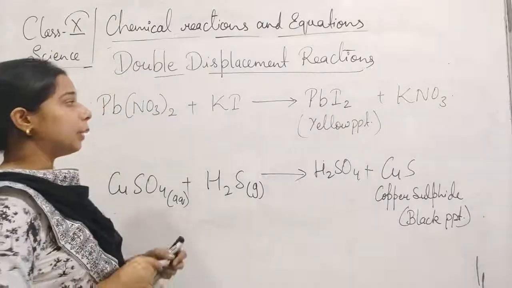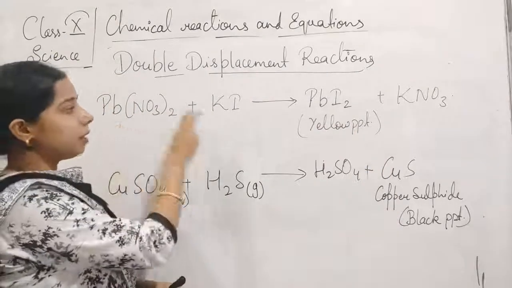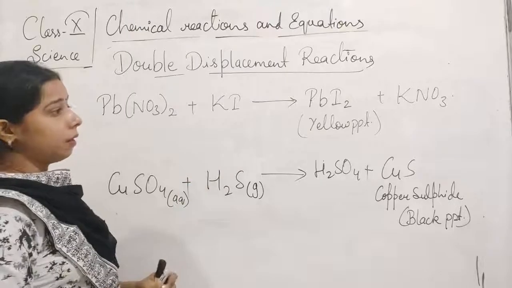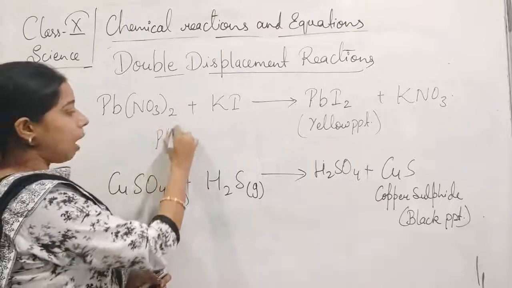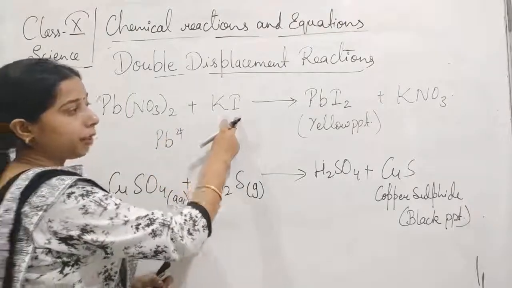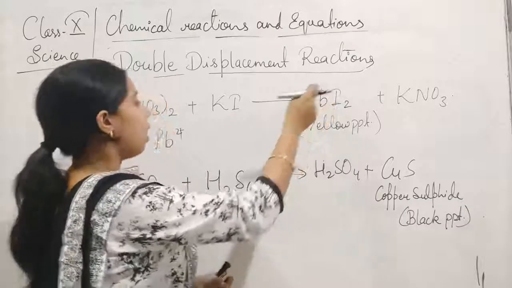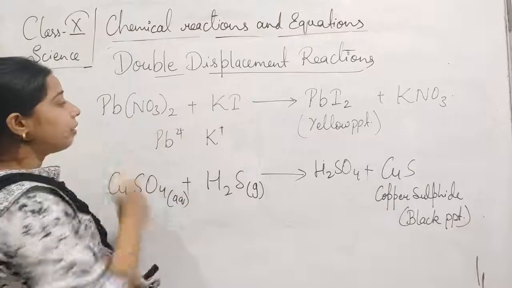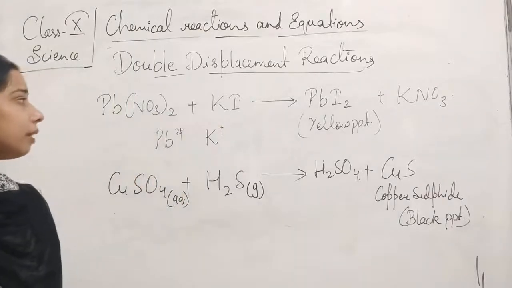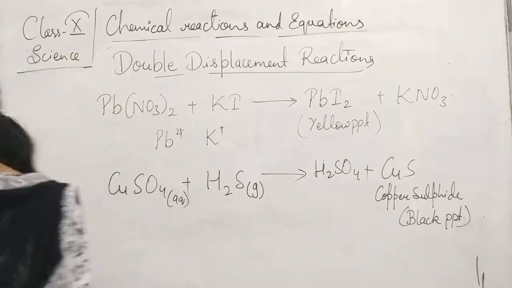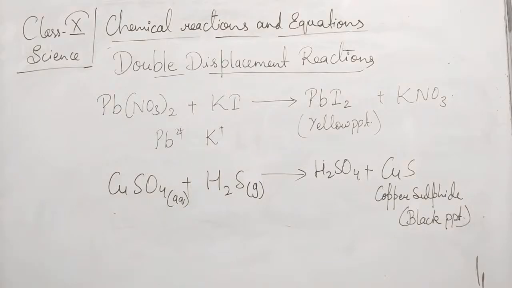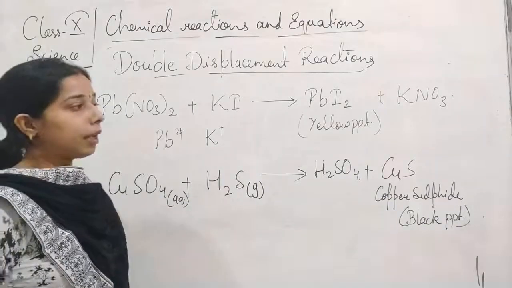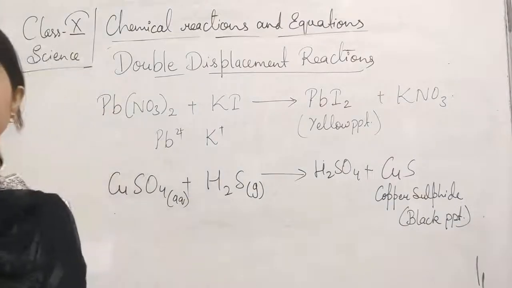So you can see here that this lead, in the form of a +2 lead ion, reacts with the iodine and forms lead iodide, and this potassium ion reacts with the nitrate, and thus there is a formation of KNO3, that is potassium nitrate, students.